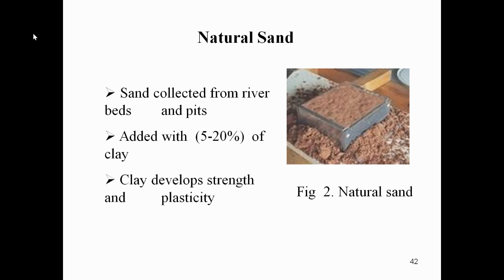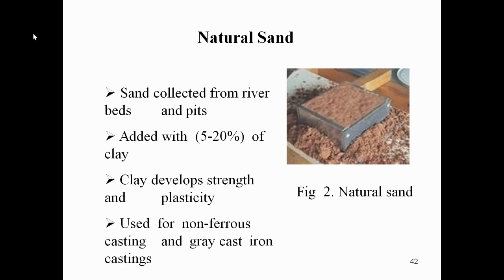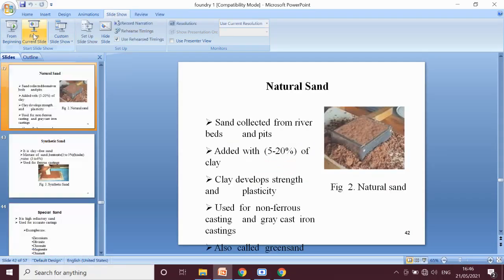Clay develops strength and plasticity, so by adding the clay we can develop the strength and plasticity of the sand. This natural sand can be used for non-ferrous metal castings and gray cast iron castings.